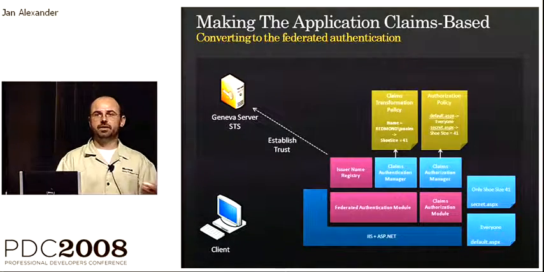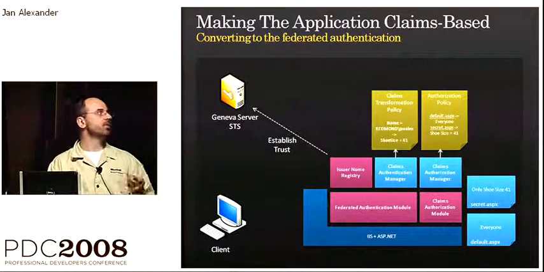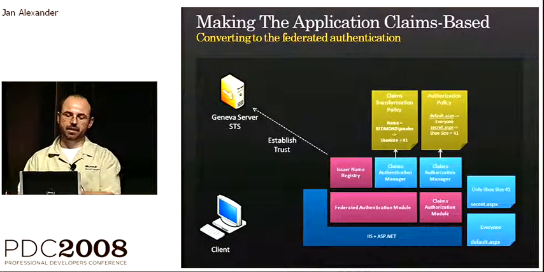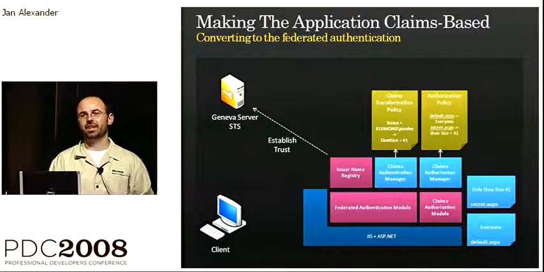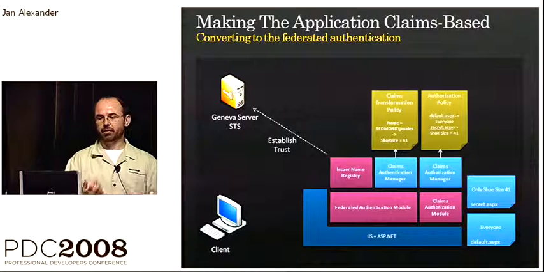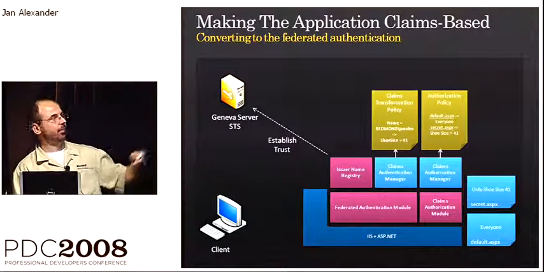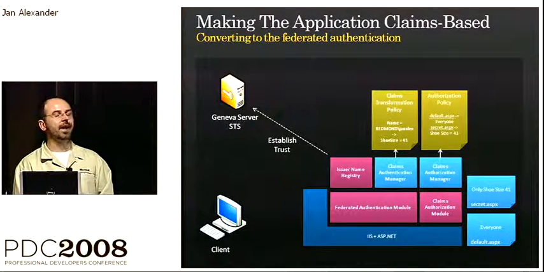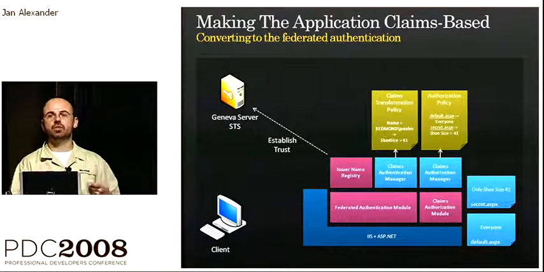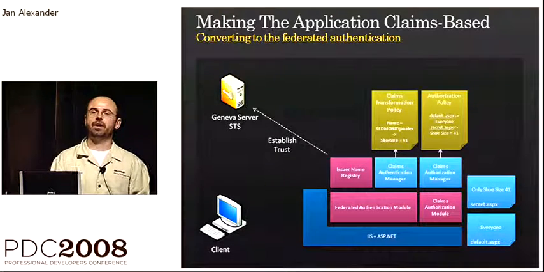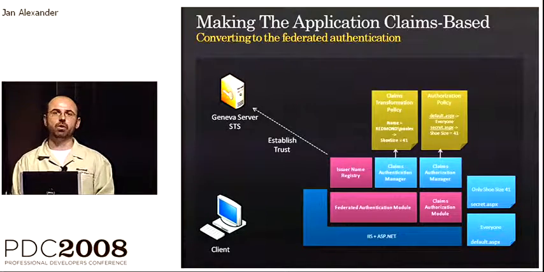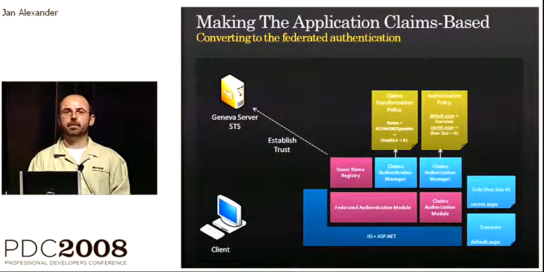The way it works is there is a signing key that the Geneva server uses to mint tokens. And that signing key, or the signing credential, which is an X.509 certificate, has to be registered in that issuer name registry to enable the trust to happen. And something has to happen on the Geneva server as well. I need to modify the policy there to know that there is this relying party that has this key that you can use to encrypt tokens for it, and these are the claims you are supposed to issue when somebody asks you for a token for that relying party.